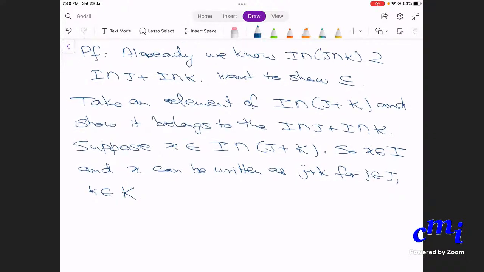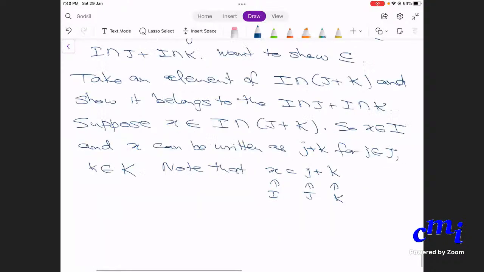So note that x equals j plus k. This belongs to I. This belongs to J. This belongs to K. But we have also assumed that I contains J or I contains K. So assume I contains J. The same proof works with the other case.